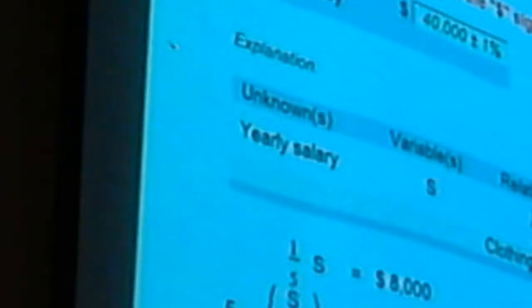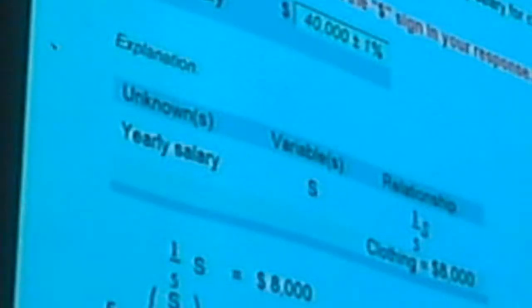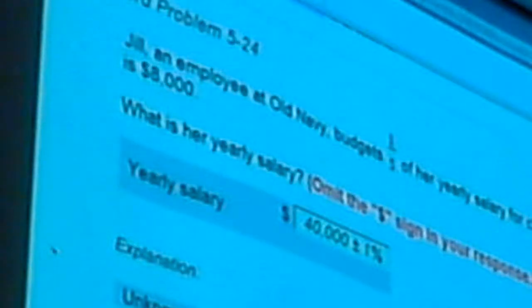She budgets 1/5 of her yearly salary for clothing. Her total clothing bill for the year, total, what does that mean? Total means equals. Equal sign, right? We're setting these things up. For the year is $8,000.